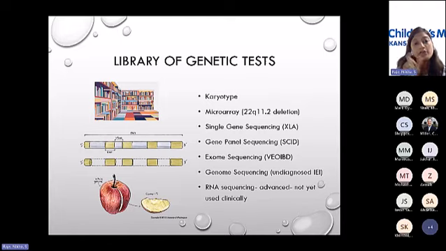So you are really looking at the code or the spelling, whether it's spelled right or not, if there is a missing letter, if there is an added letter, or if they are out of sequence. That's your sequencing. You're going through one gene and looking at the code to see if there is something missing or not in the right order. Exome sequencing means we are doing that spell check for all the protein coding genes, and genome sequencing means that we are doing that spell check for the whole genome.